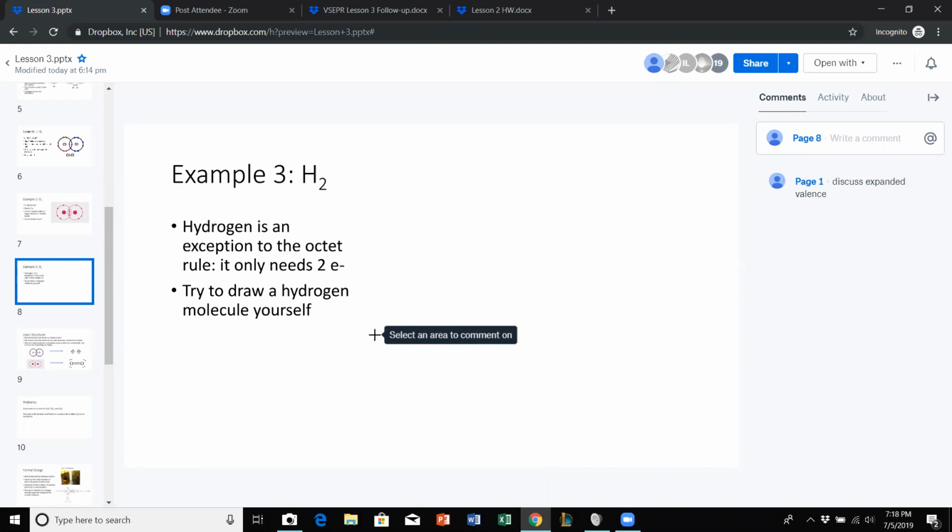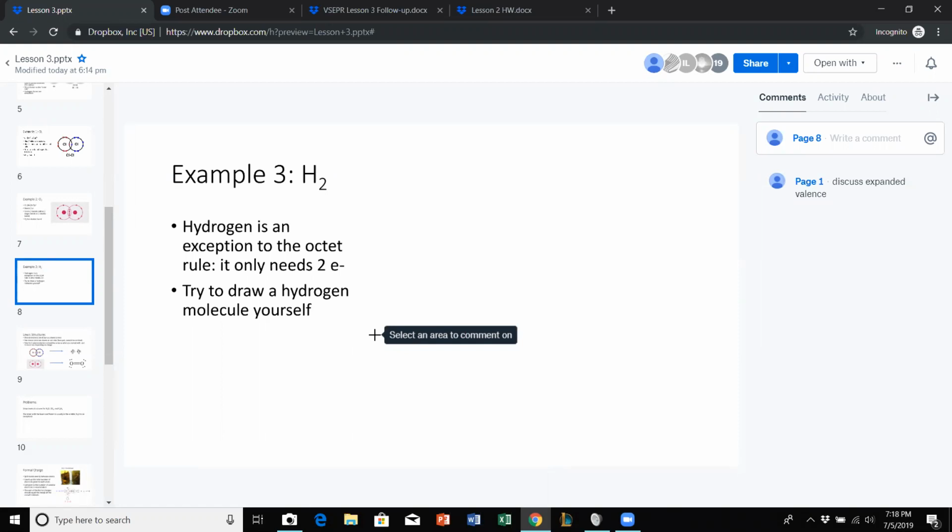So try to draw a hydrogen molecule yourself. I'll give you a minute to do that. Draw the hydrogen atoms and the electrons.